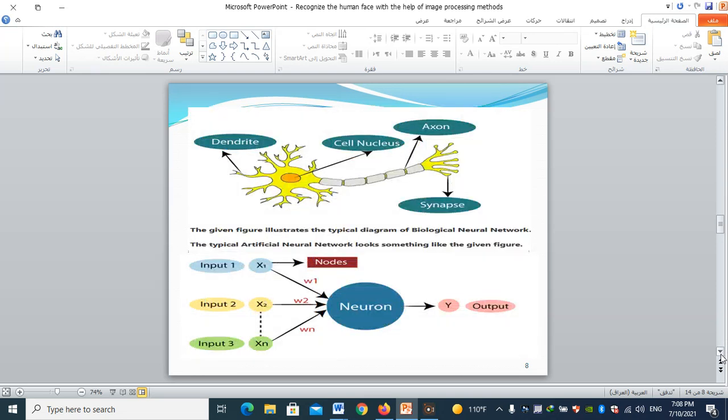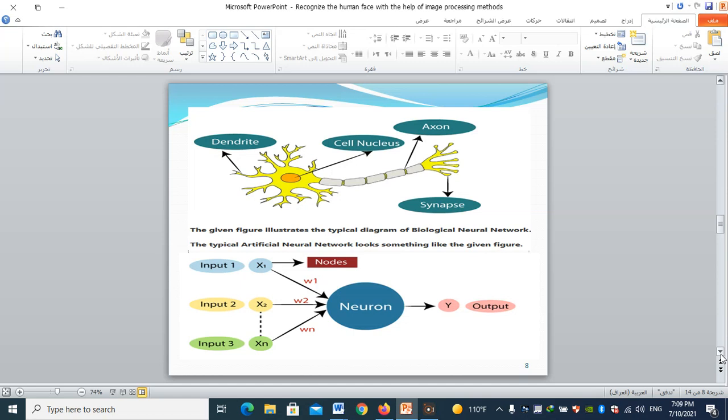Now we can see in this slide the given figure illustrating a typical diagram of biological neural networks, which, like the branch of a tree, have a cell body, a nucleus, an axon, and synapses, which are like fingers.